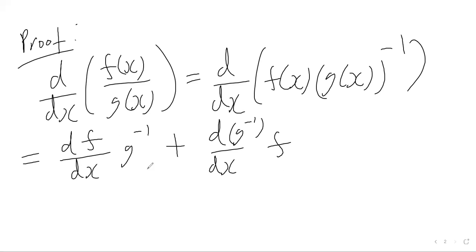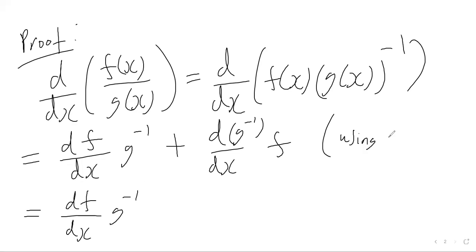Okay, that's fine so far. With this first term, I'm just going to copy it again on the second line: df by dx multiplied by g to the -1. I'm just making a note here that we're using the product rule, and that's how we've got this result so far.